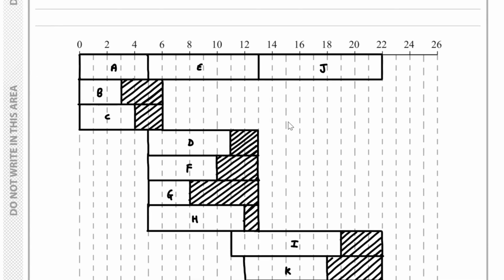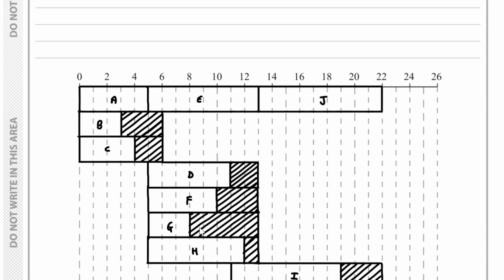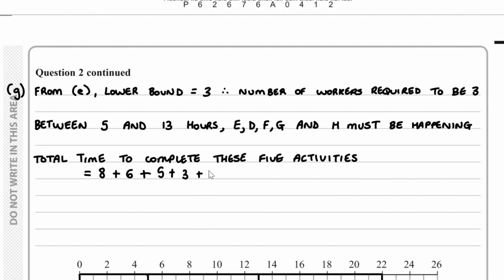For G we've got 3, and then we've got the H, which is 7. So here we get 29 hours, okay?